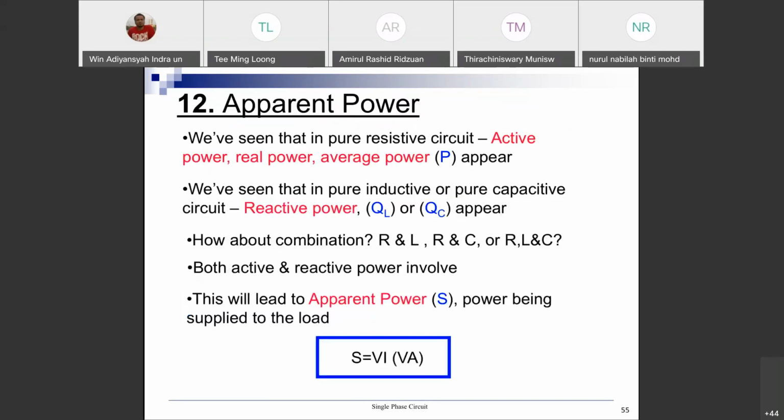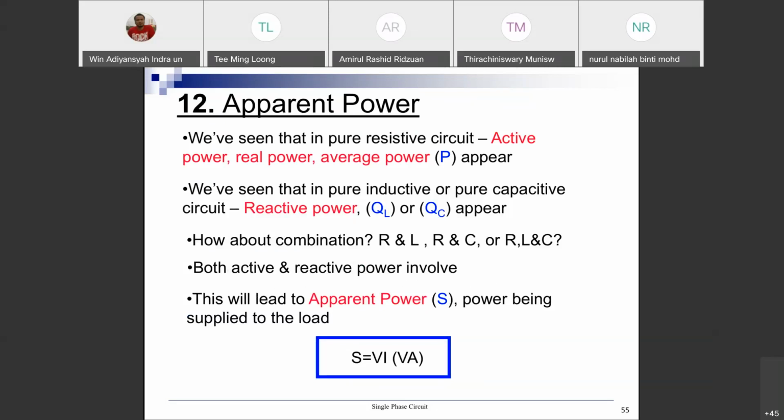Okay, we have power, reactive power, average power, and then we have apparent power. Apparent power S is power being supplied to the load. Active power, real power is the power from the source.